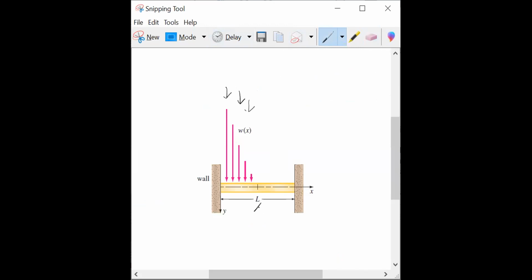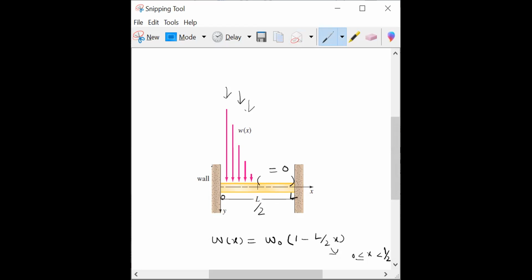So L by 2, here is 0 and here is L. So from 0 to L by 2, W of x is equal to W naught into (1 minus 2/L x), and from L by 2 to L, it is equal to 0. So this is only in the interval 0 less than or equal to x less than or equal to L by 2.